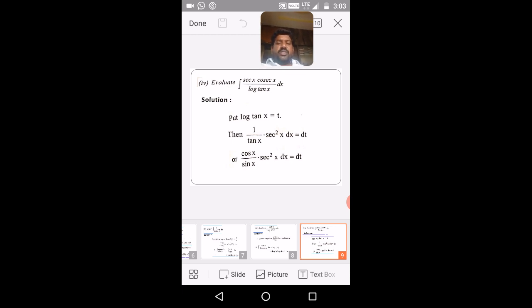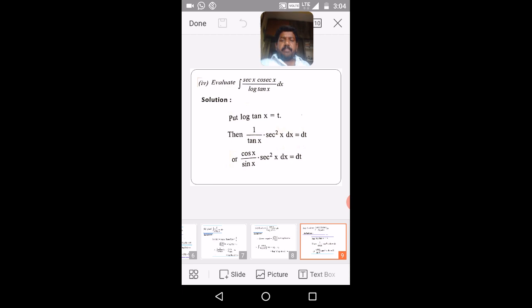Put log tan x equal to t and find the derivative with respect to x on both sides. You get 1 by tan x into sec square x dx equal to dt. Now 1 by tan x is cot x, which is cos x by sin x, so cos x by sin x into sec square x dx equals dt.